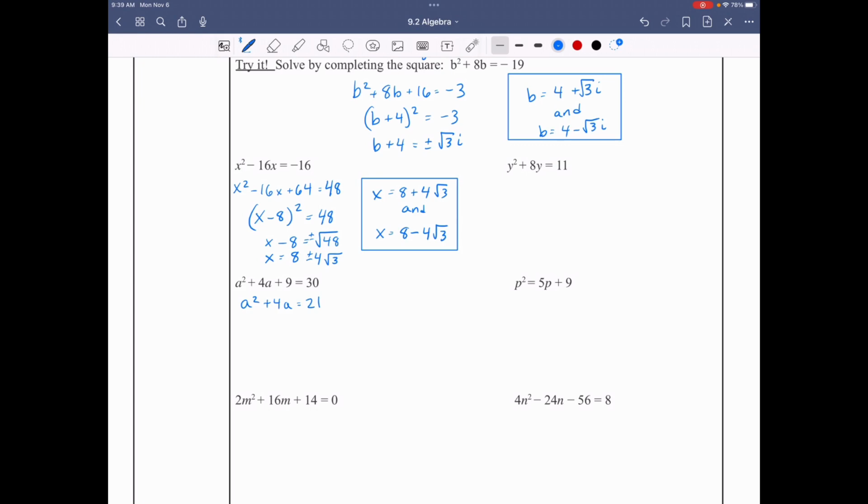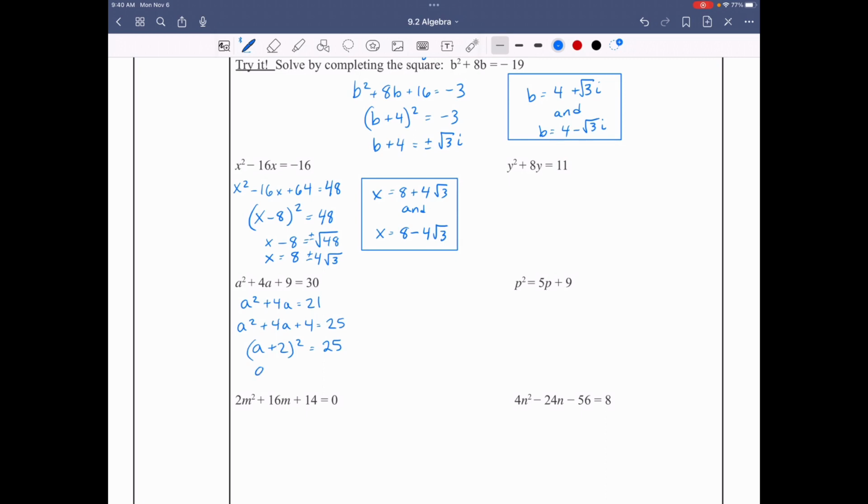Now we're going to use our completing the square method. So half of 4 is 2. 2 squared is 4, so we add 4 to both sides. 21 plus 4 is 25. So this is going to be a plus 2 squared is equal to 25.